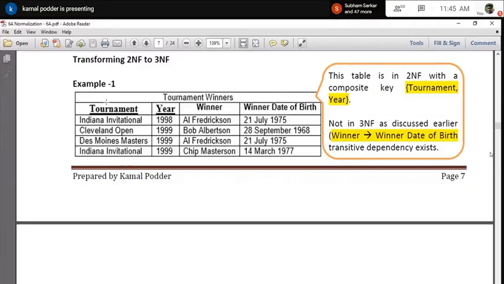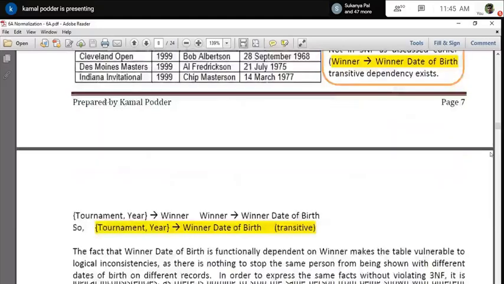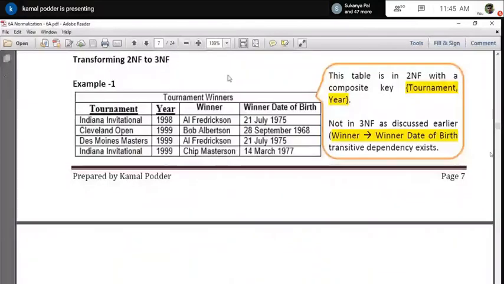That is not permitted as per the third normal form guideline. Because if you keep this information like this, it has a problem. It is not that someone is just giving a guideline you have to follow. Now see the problem: the winner's date of birth is regarding the winner's information, that means one object, and this is another object, basically the tournament's information. We are clubbing them together.